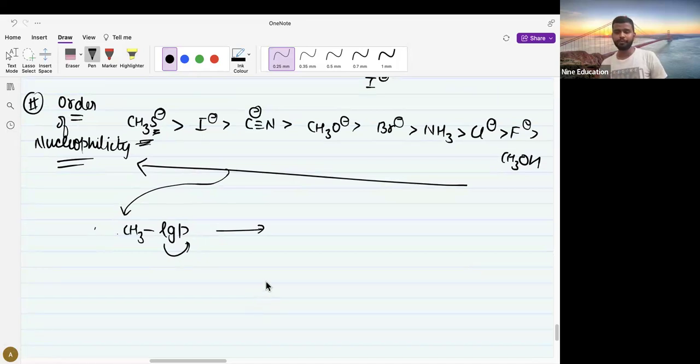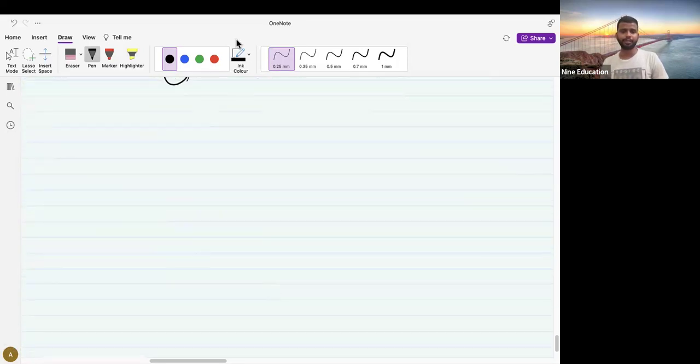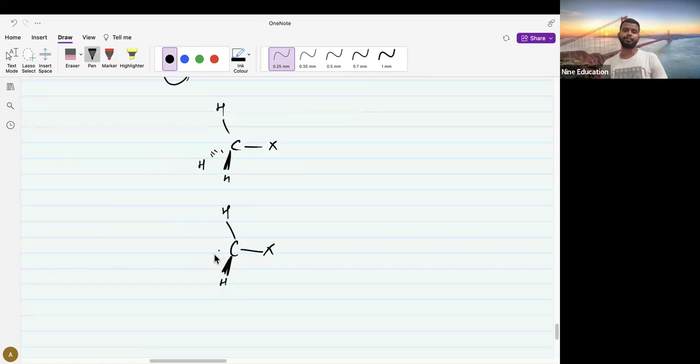See one example, beautiful thing I am telling you. Don't worry, this all will be shared. Just listen to me now only. Let's say this is one alkyl halide and this one is one alkyl halide. See what happens अगर यहाँ पर let's say I have iodine minus which is coming and attacking on carbon.